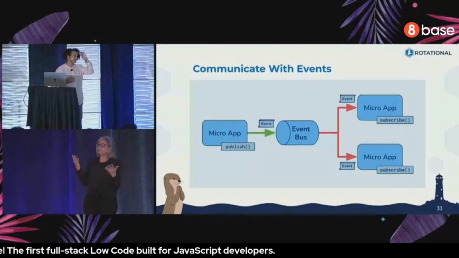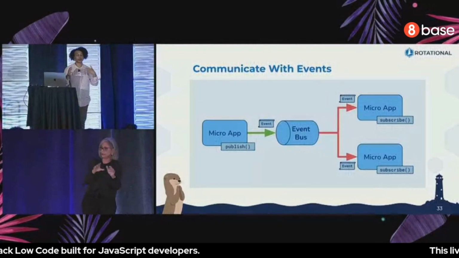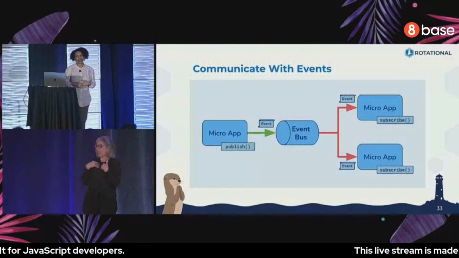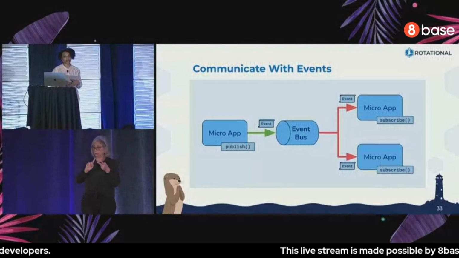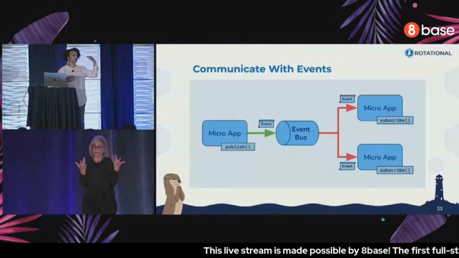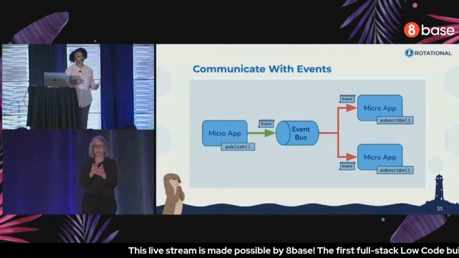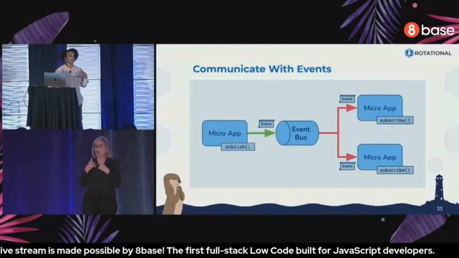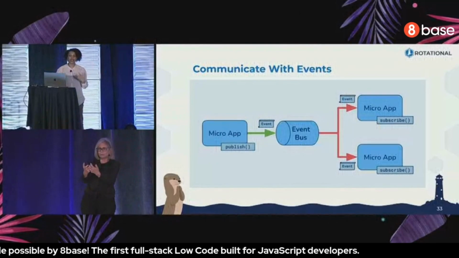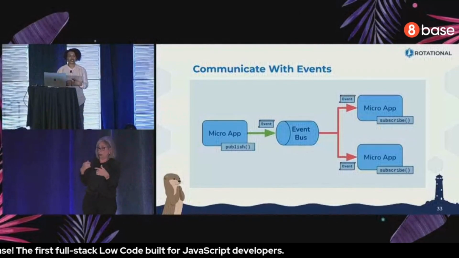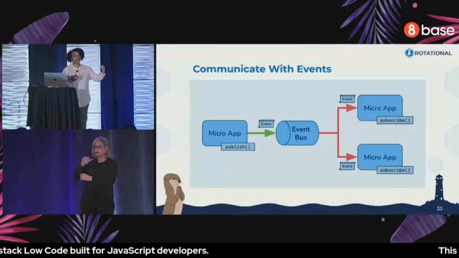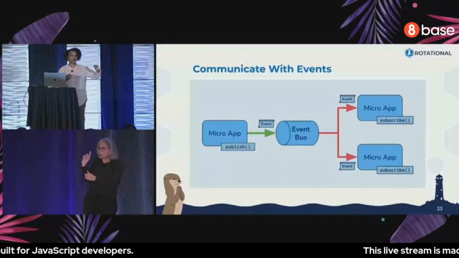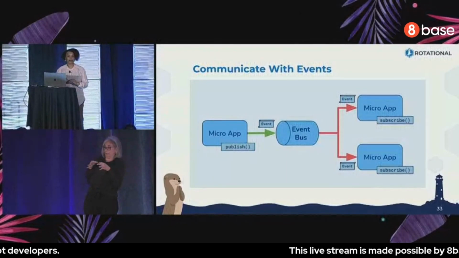So there are many ways in which you can have your apps communicate. Events is definitely a great way. You can use custom events in the browser. However, I think it would be really great to have your own custom event bus. The thing that makes this really great is that your apps don't need to know exactly where the event message is coming from.